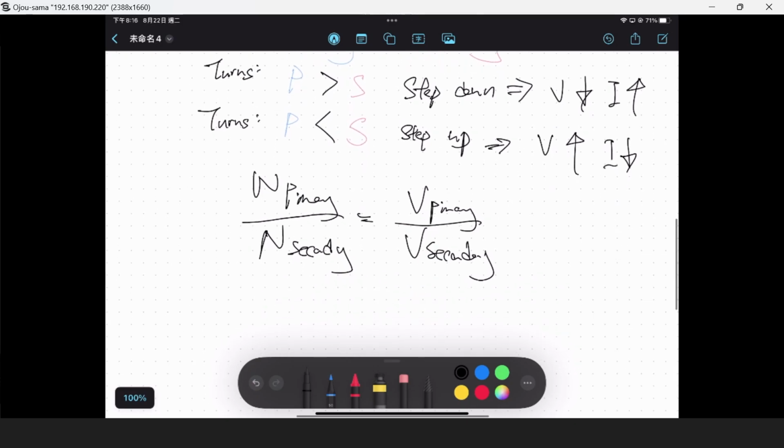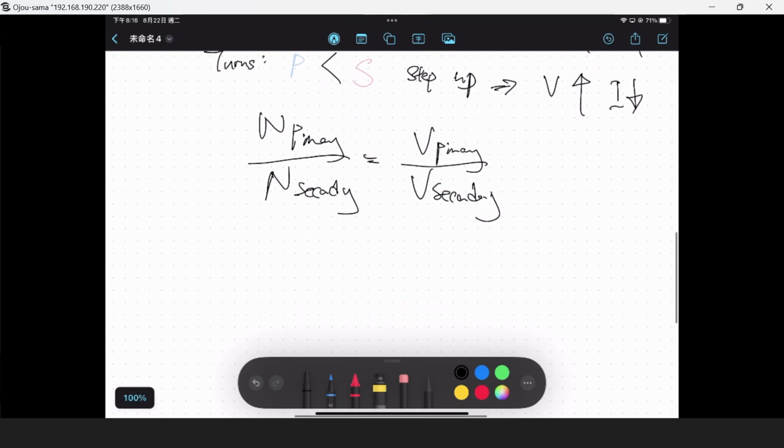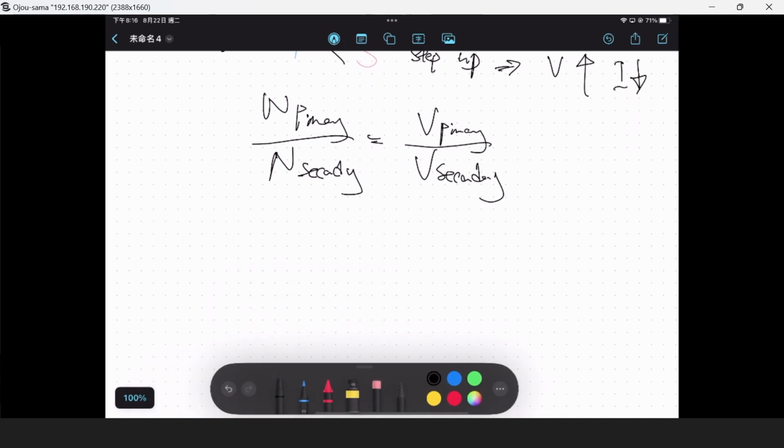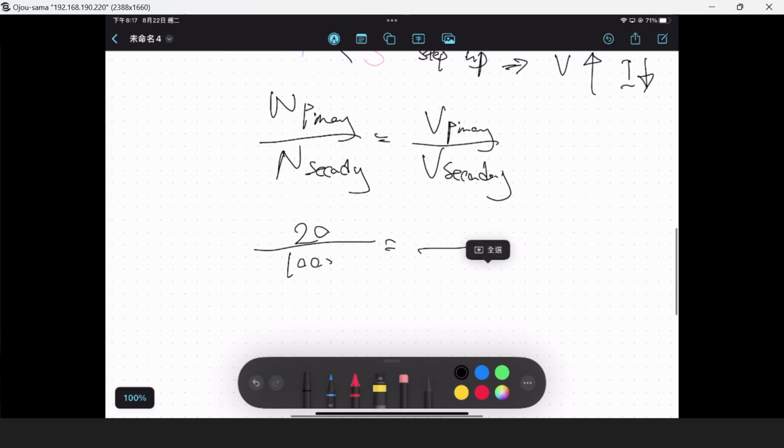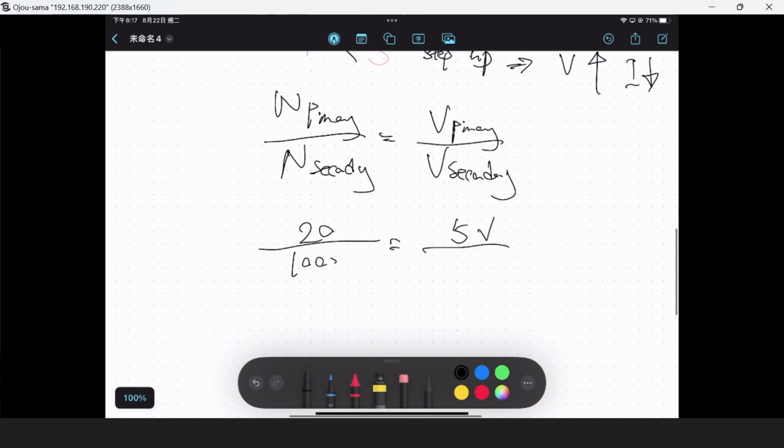Let me have an example. If your primary coil has just 20 turns and your secondary has 100 turns, and your voltage input is 5 volts, what is the output?